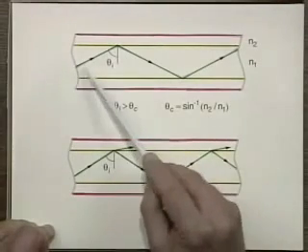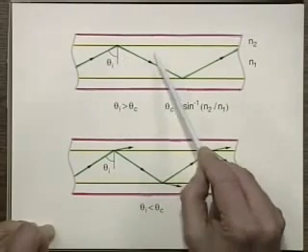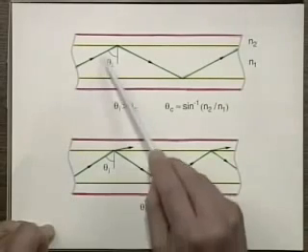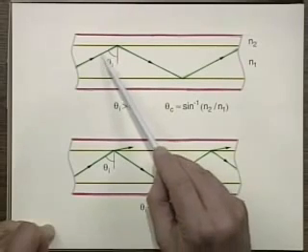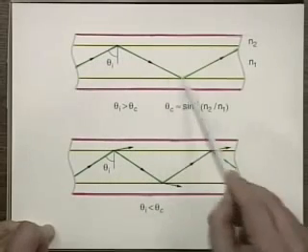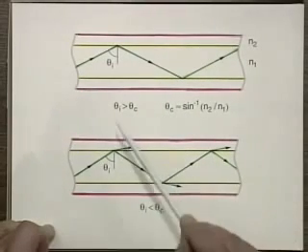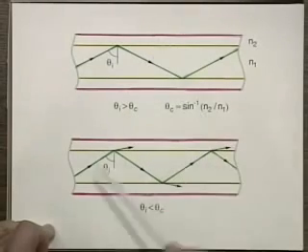Here's a ray of light hitting the interface between N1 and N2, between the core and the cladding. If this incidence angle is bigger than the critical angle, then the light will be reflected and bounce around until it comes out the other end, just like going from glass to air.